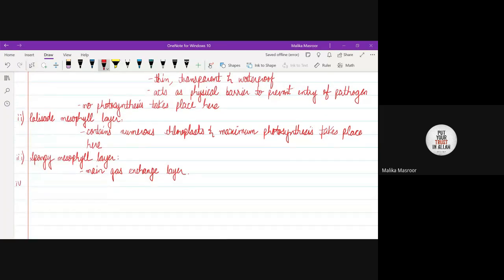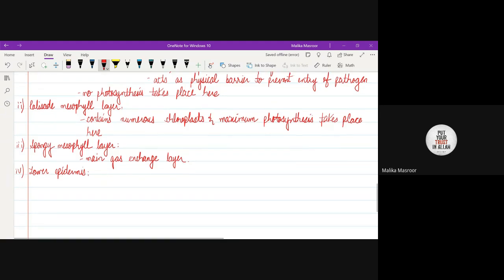Then I have the lower epidermis. It does not have any chloroplasts.